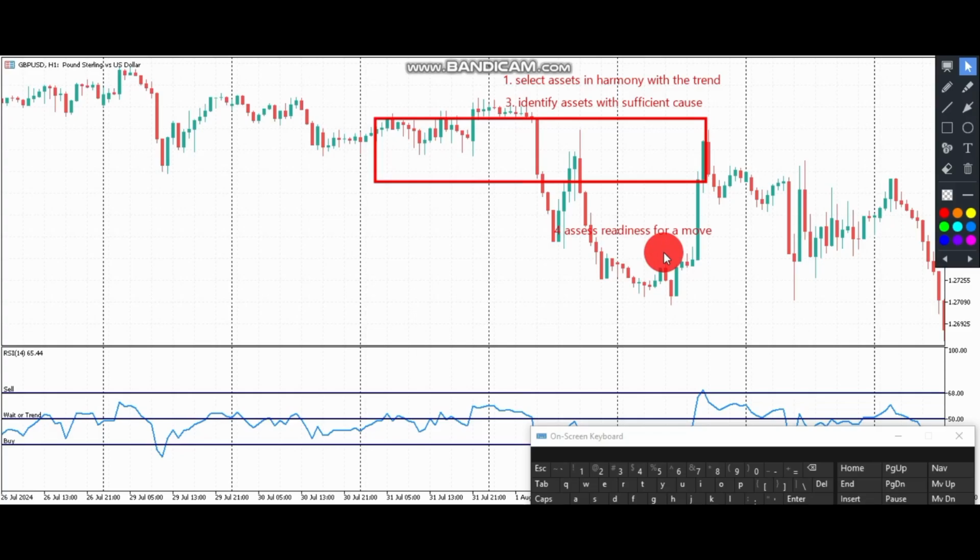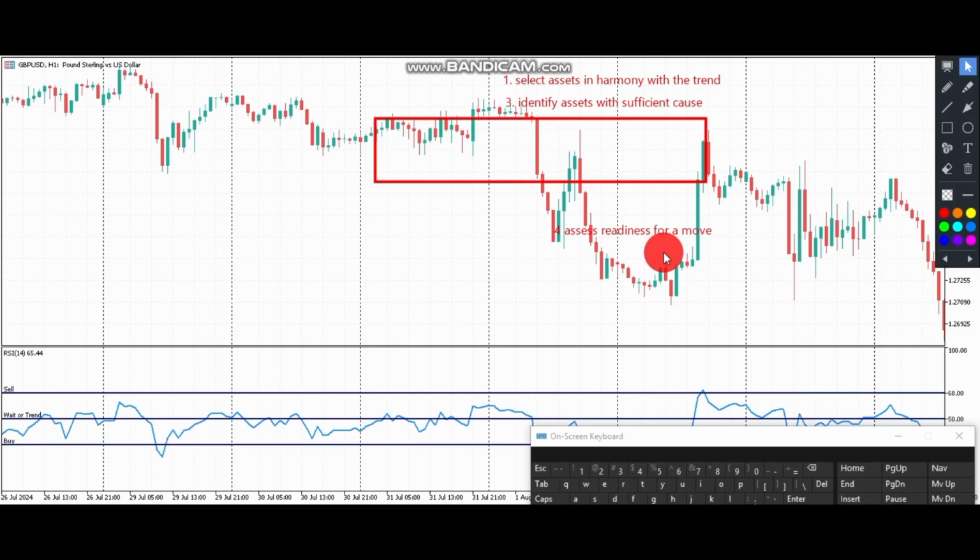Now this is where I want to start talking about your strategy, guys. What is your strategy? You must have a strategy. It can be chart patterns, candlesticks, and all of those things. So now you are assessing readiness for a move. You get it? It can be support, resistance.